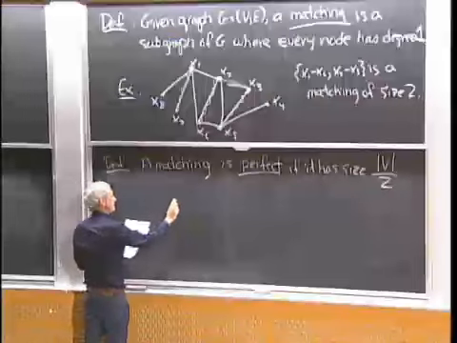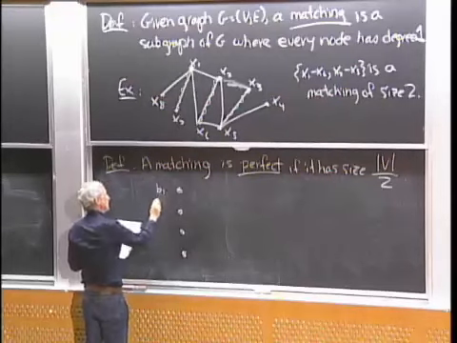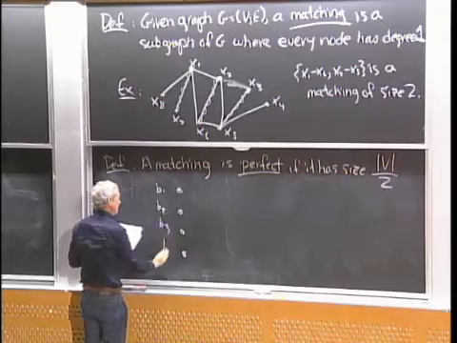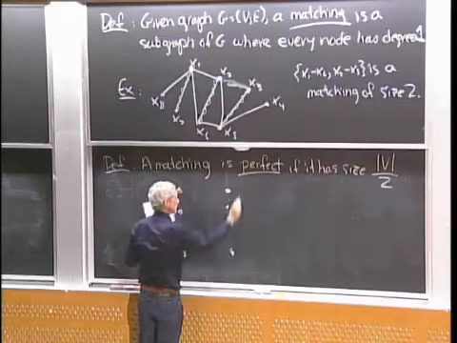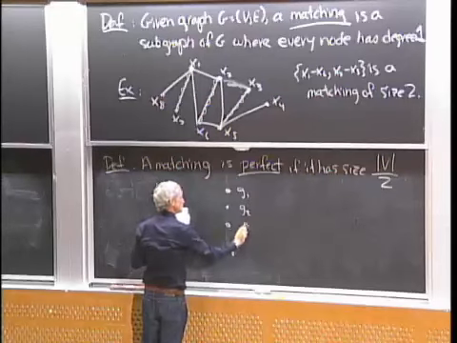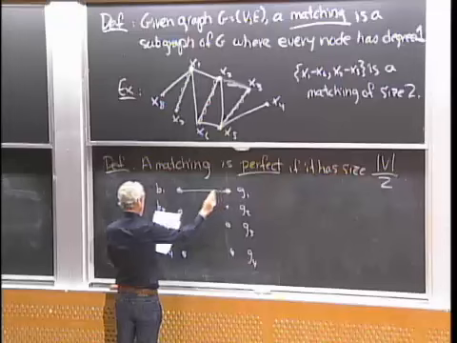What about this graph? So I got B1, B2, B3, B4, G1, G2, G3, G4, and I'll put in the compatibility edges here.